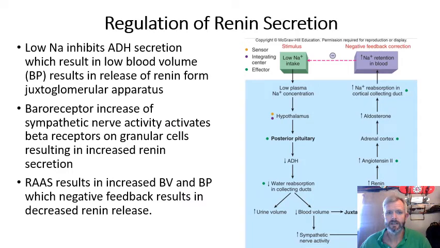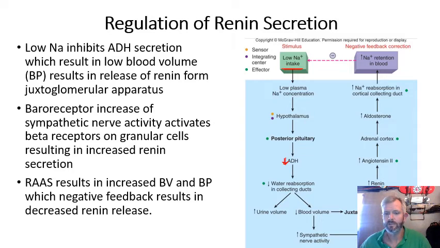So let's look at the renin, where I said low sodium. Low sodium causes low plasma concentrations, right? Low osmolarity. That goes, hey, we don't want to release ADH.